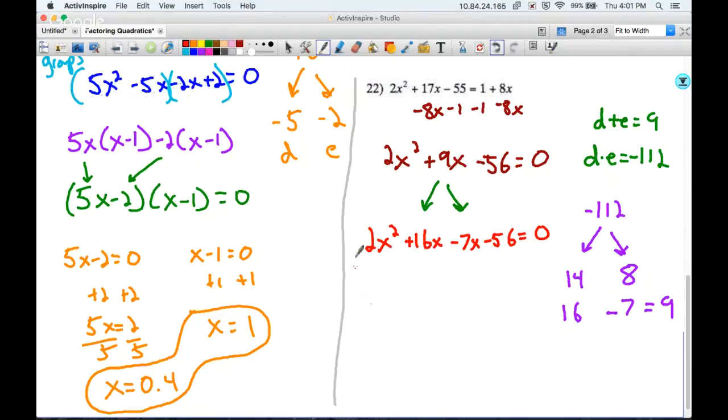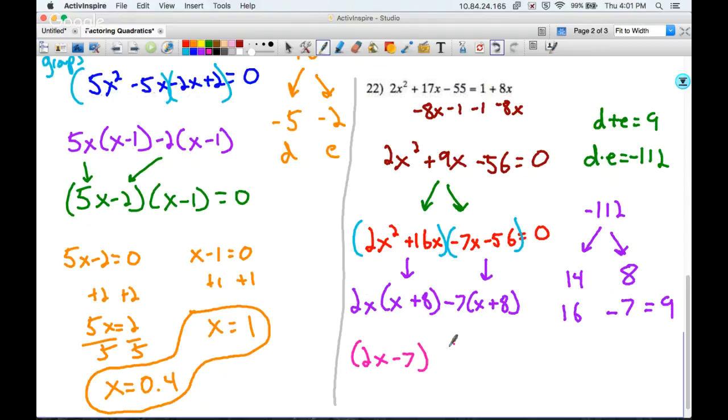Greatest common factor in my first group. Let me just group them together real quick. The greatest common factor in my first group is a 2x, leaving behind an x plus 8. And then the greatest common factor is a negative 7, leaving behind an x plus 8 in those 2 groups. Now I rearrange them. It becomes 2x minus 7 is my first linear factor, and x plus 8 is my next linear factor, still all equal to 0.